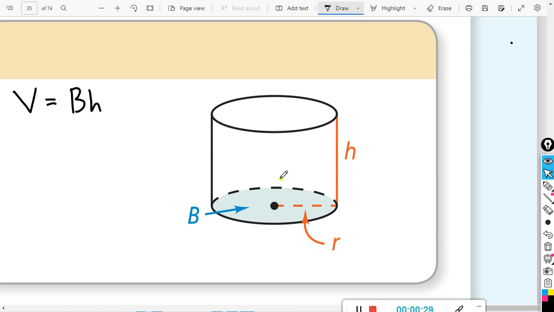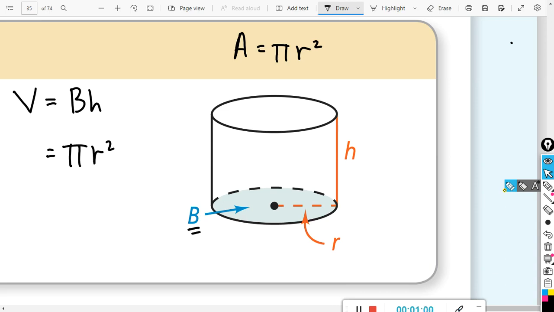So for a cylinder, the base is a circle. And we know that the formula for the area of a circle is just pi r squared. So being that capital B is the area of the base, in place of capital B, we can just plug in pi r squared.